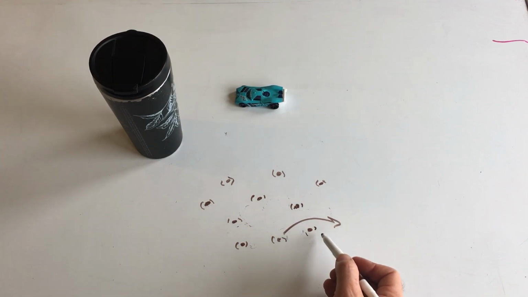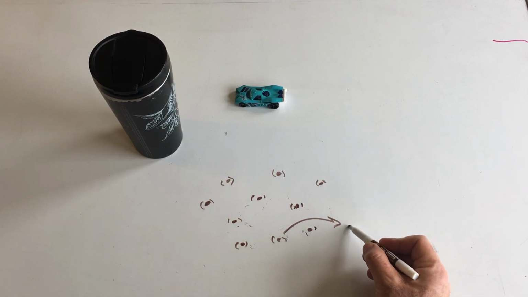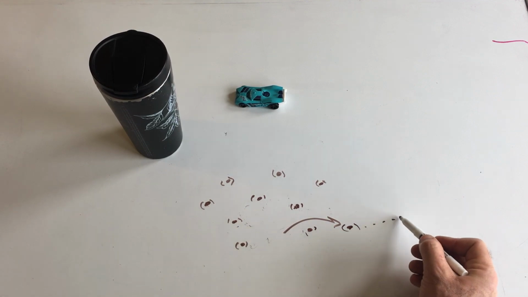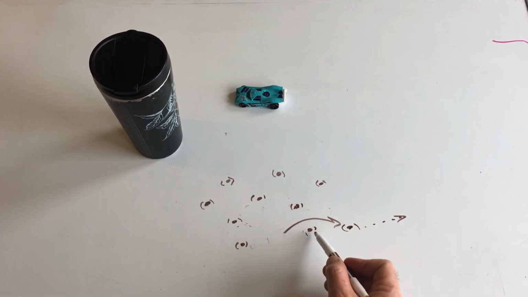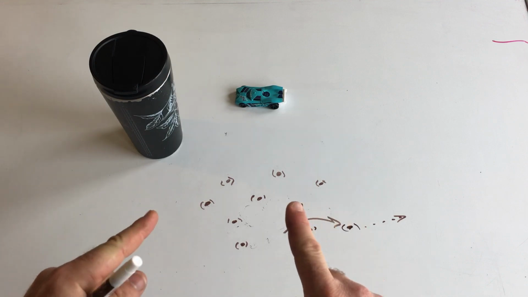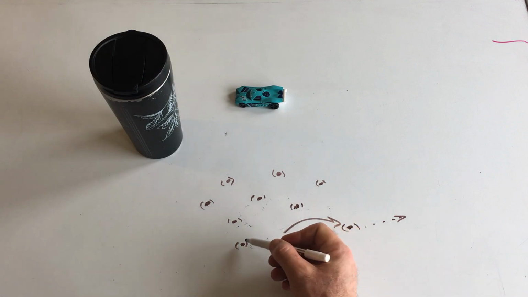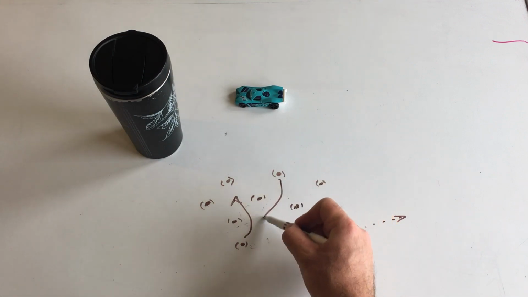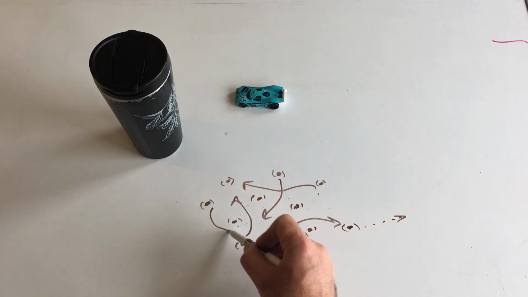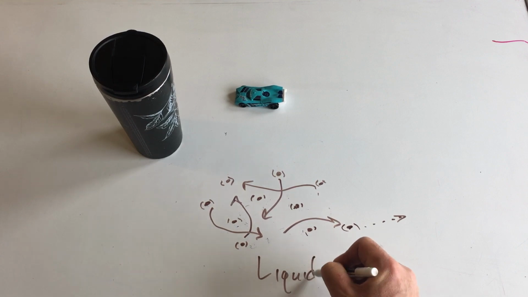Now the dispersion forces will keep it from heading all the way out, so it'll relocate over here, still vibrating, and it would want to leave, but there are also forces attracting it back. So those dispersion forces, those van der Waals bonds, aren't just repelling, they're also attractive. So all of these can now wiggle around and move all over the place and slide past each other. And that makes it a liquid.